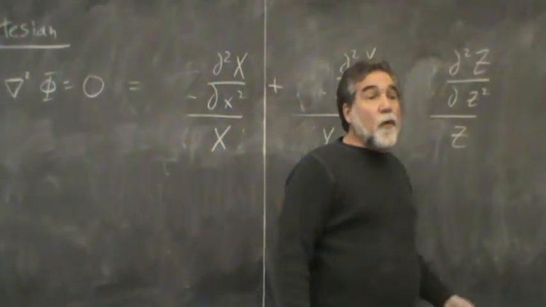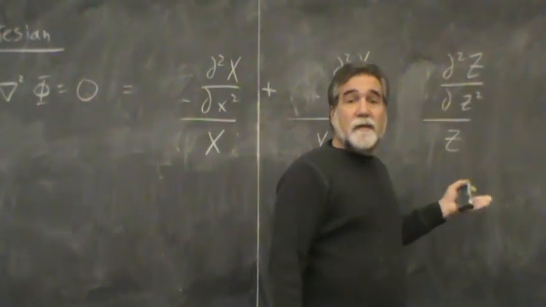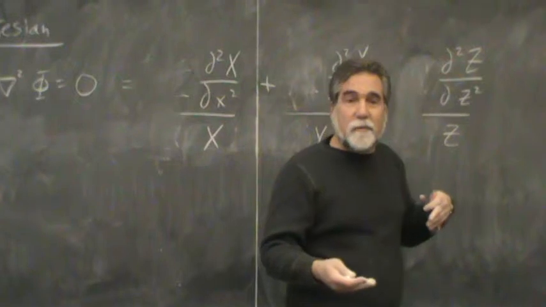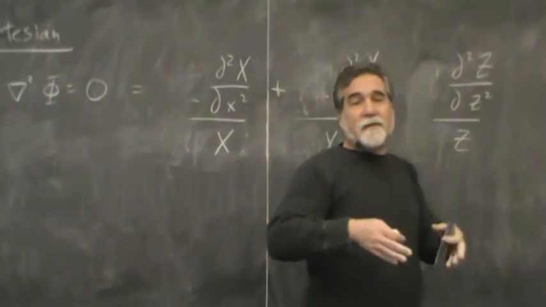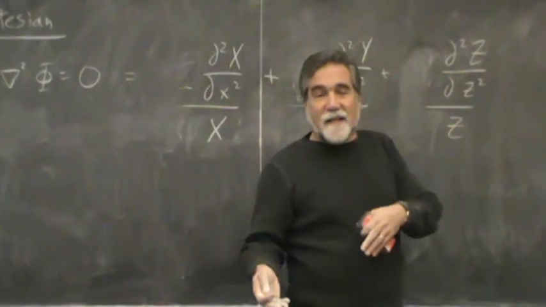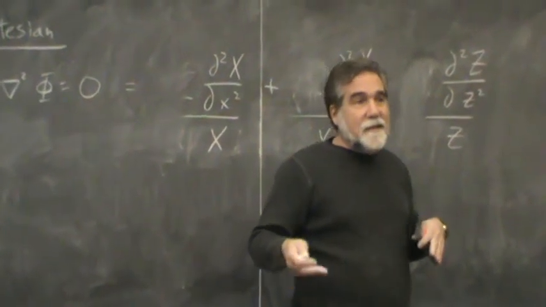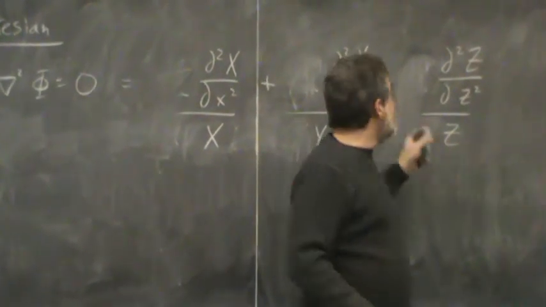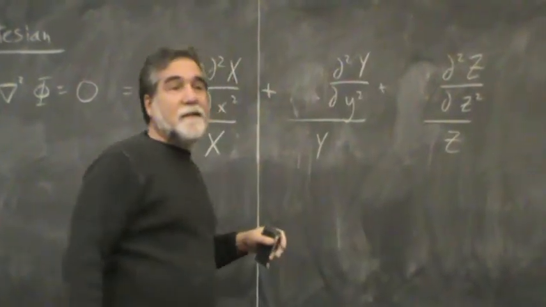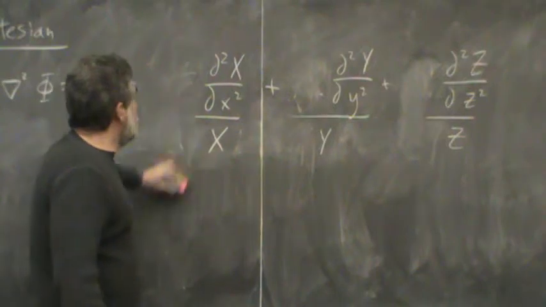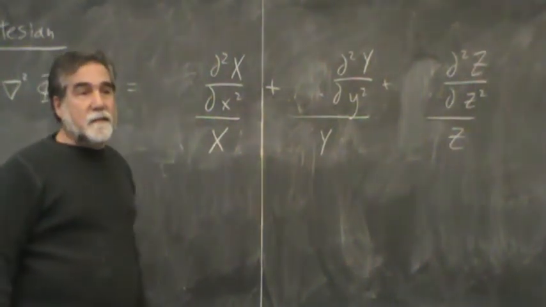What I could do is go through this problem and isolate term by term and say if this side is a function of x and y and that side's a function of z, then both sides have to be equal to a constant, and this side and that side and so on. Instead, I'm going to jump to the bottom line here, which is that each of these must be equal to a constant.